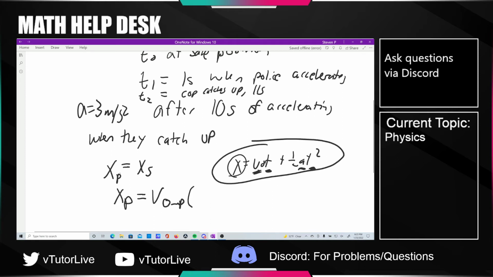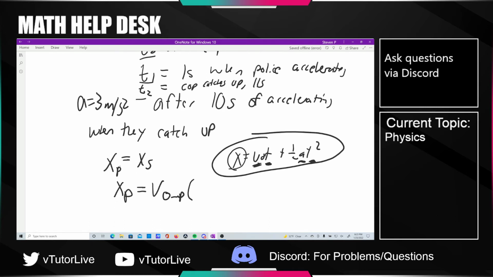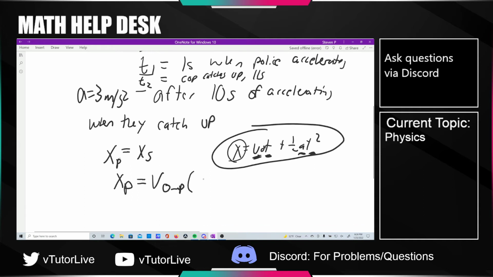So I like writing it this way, T0, T1, and T2, because it really sort of explicitly outlines the phases of the question. But I'm going to write this as V naught P times T2 minus T1 plus 1/2 a times T2 minus T1 squared.